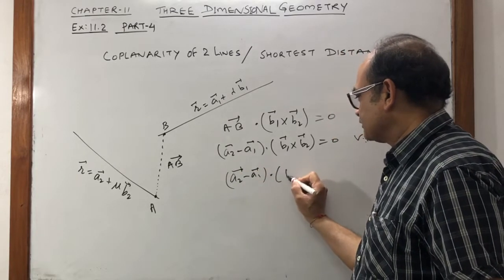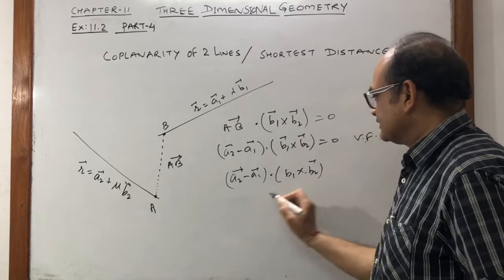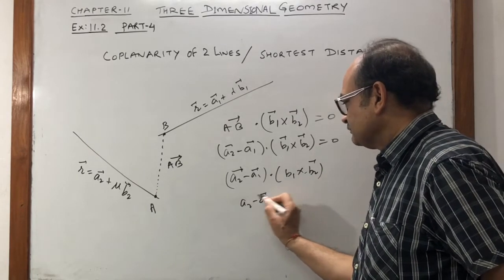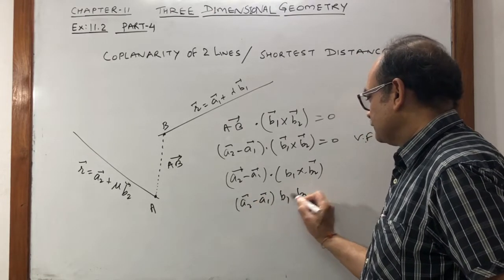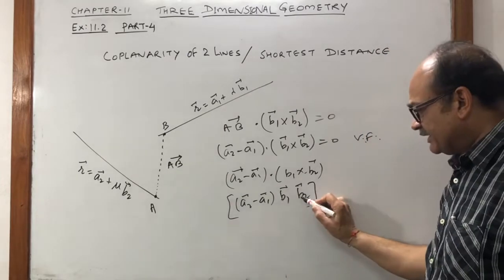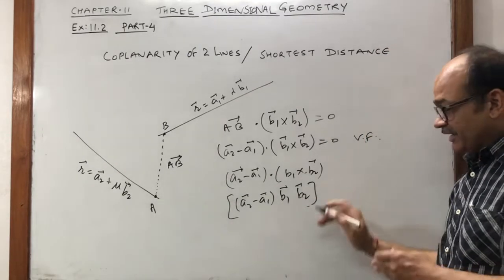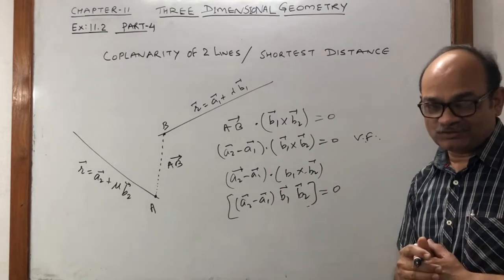You know box product? b1 cross b2, this we can also write as a2 minus a1, b1 and b2 in a simple box. The meaning is it is scalar triple product.